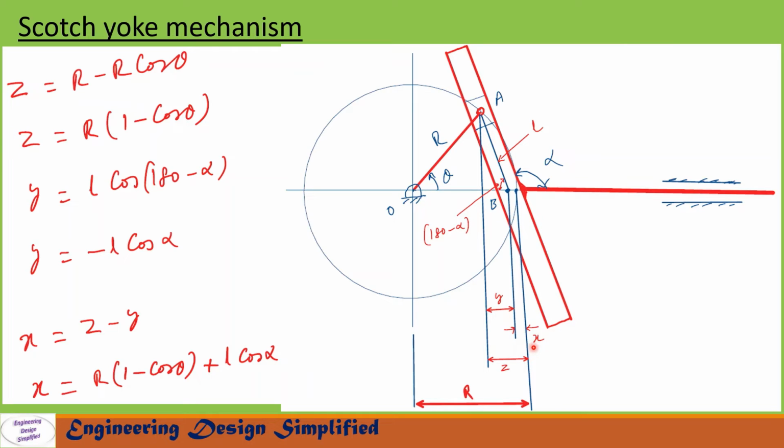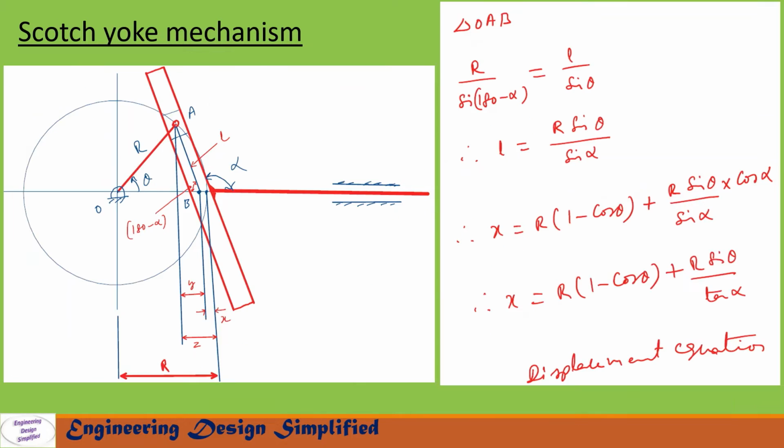So this distance x is also the displacement of the plunger. So x can be written as z minus y. So x equal to z minus y, and that is equal to r into 1 minus cos theta plus L cos alpha. From this triangle OAB, this distance is r, this angle is theta, and this distance is L, and this angle is 180 minus alpha. Let us apply sine rule. So sine rule for this triangle OAB can be written as r by sine 180 minus alpha equal to L by sine theta.